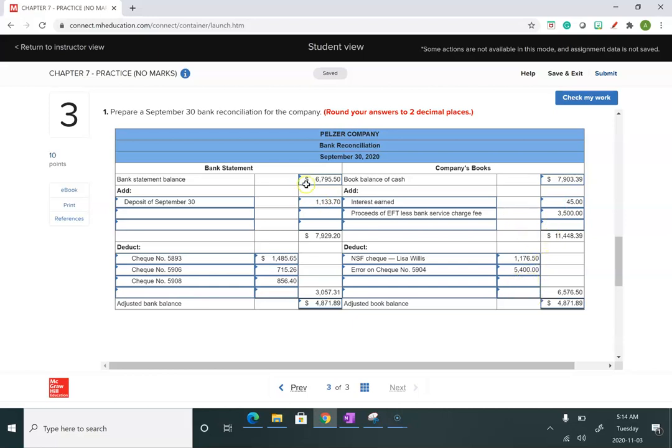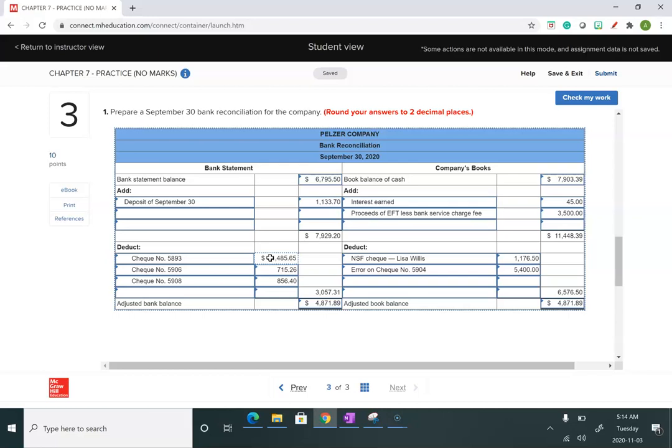So remember, you figure out what your number for the adjusted bank balance should be. And the only thing that we will accept is any deposits that were put into the bank account after the month end and any checks that you've written that people haven't cashed yet and maybe bank error.